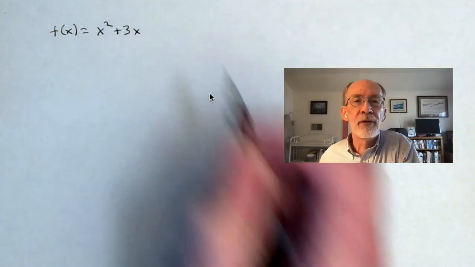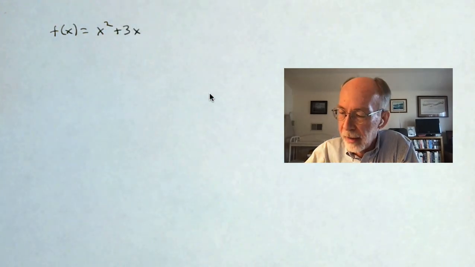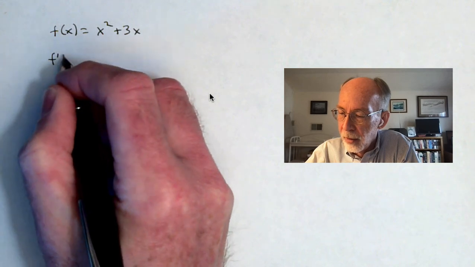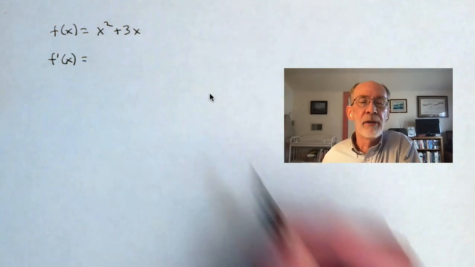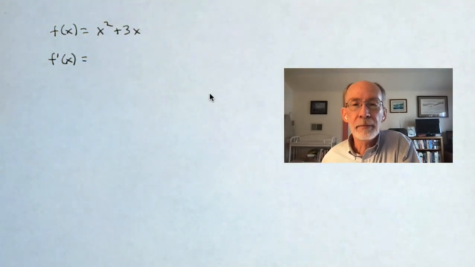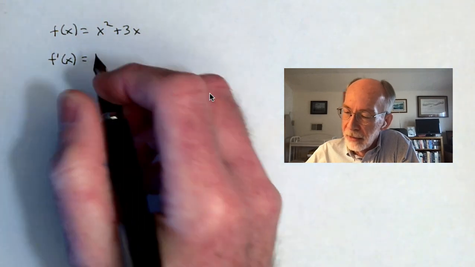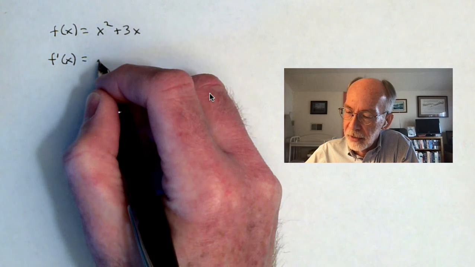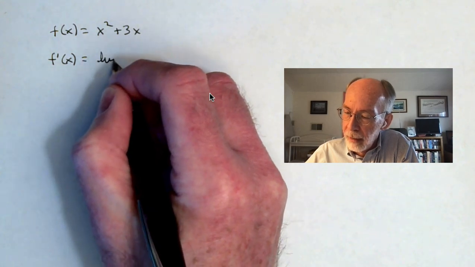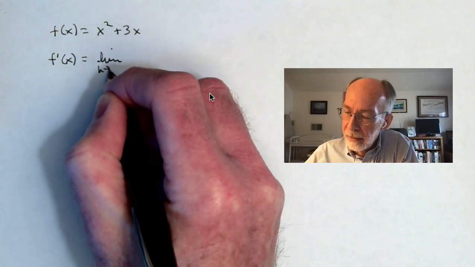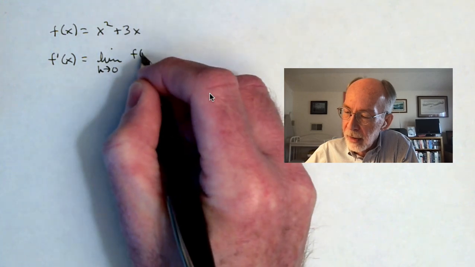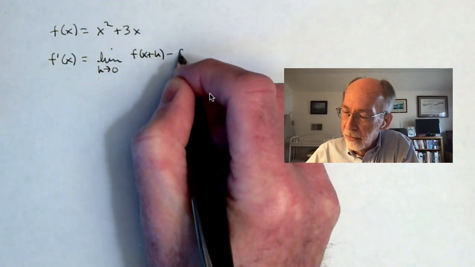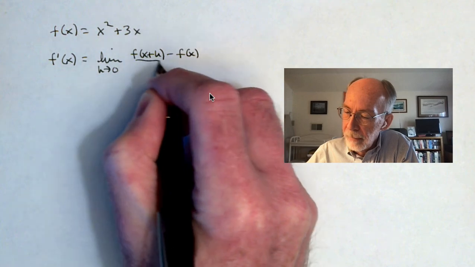And then as you saw in the formal definition, a notation for the derivative of some function f is f prime. I'll write the definition first, and then we'll plug in the specifics that belong to this function. This is the limit as h goes to 0 of f of x plus h minus f of x all over h.